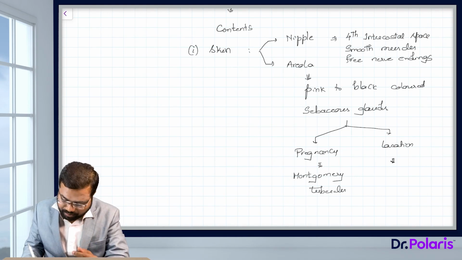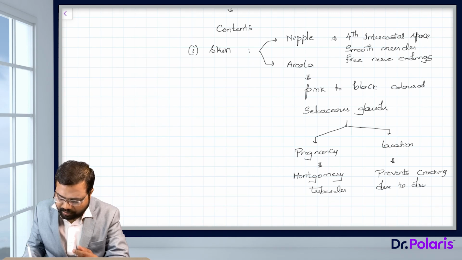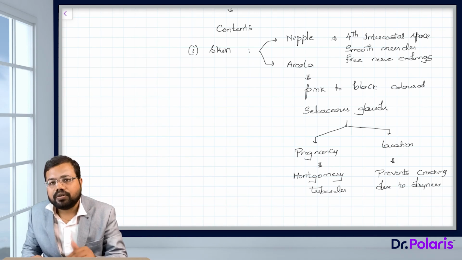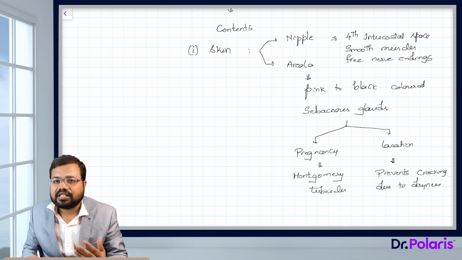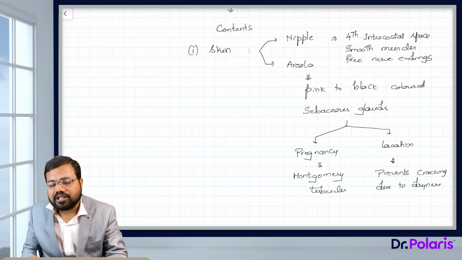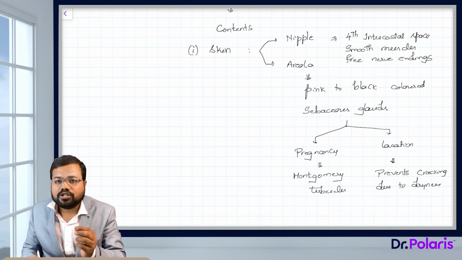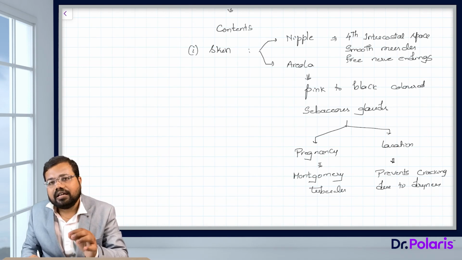Prevents cracking due to dryness. That means it continuously secretes so that the nipple and areola will not dry off, so there is no cracking of the nipple. If there is any abnormality in these sebaceous glands, that means the secretion is not present or they are not developed, then there will be no secretions. No secretions means the nipple and areola become dry, and that leads to cracking.